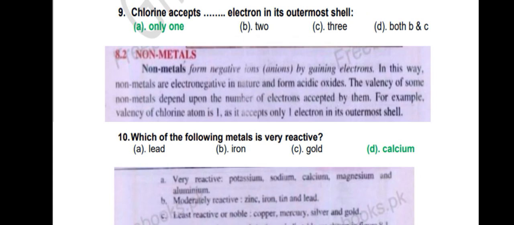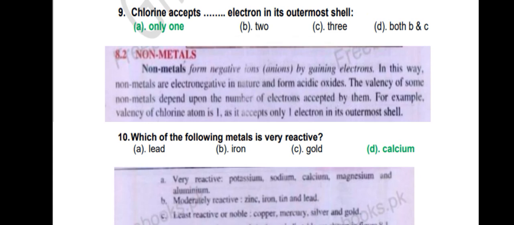Chlorine accepts electrons in its outermost shell. We know that chlorine has 17 electrons, 7 in its valence shell, so it requires only one electron to complete its electronic configuration, like the nearest noble gas, that is argon, which has 18 electrons.